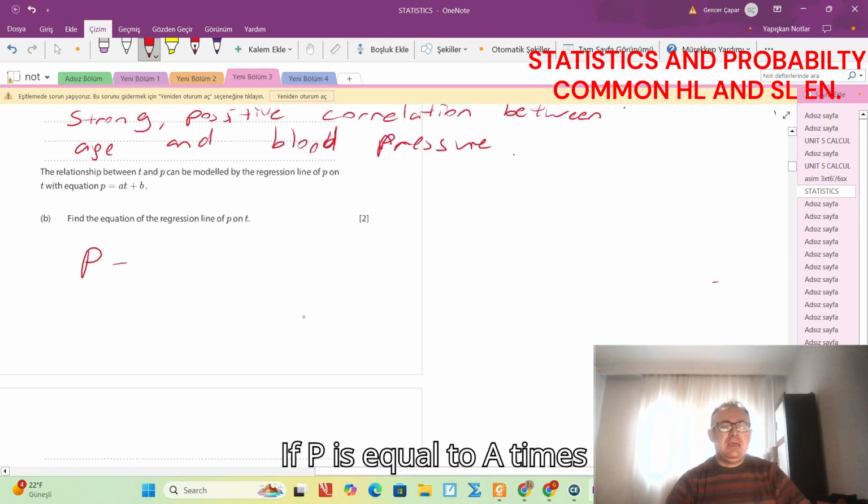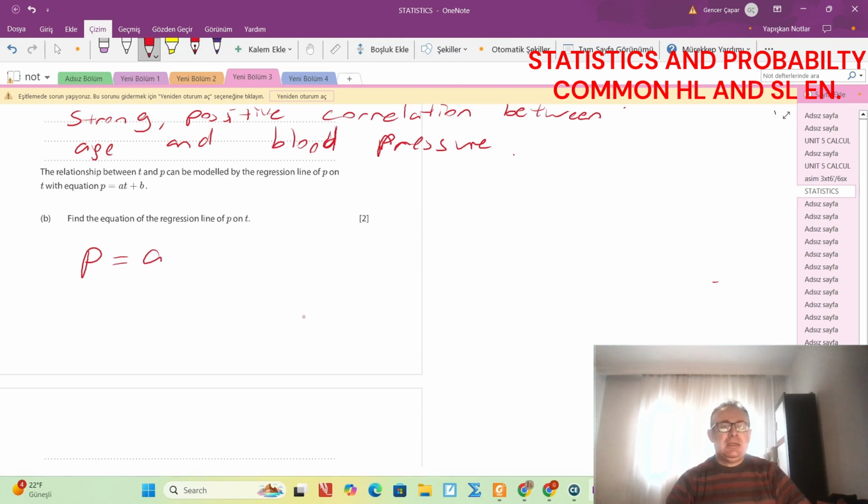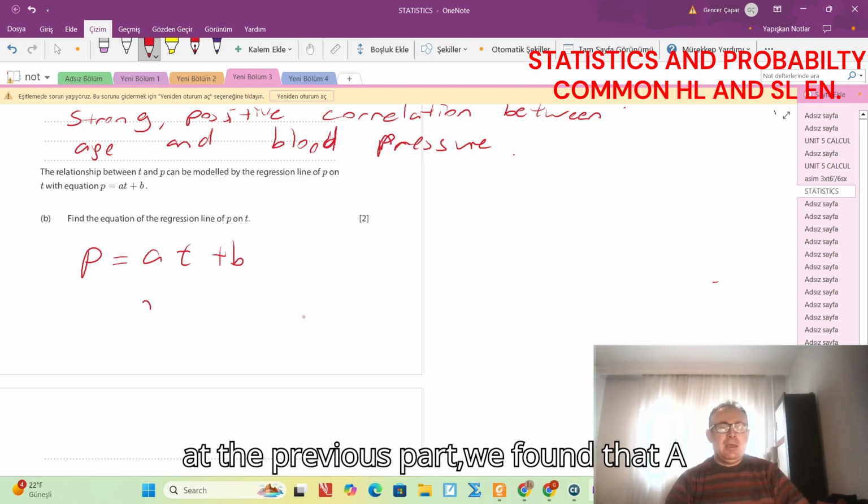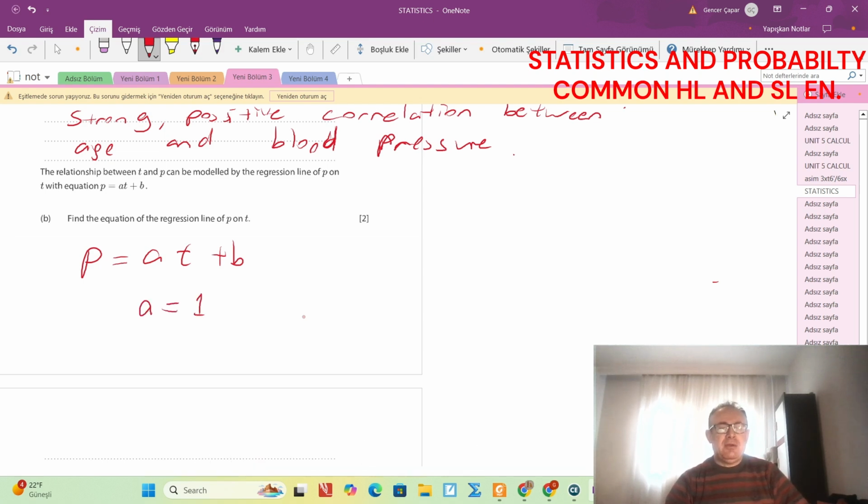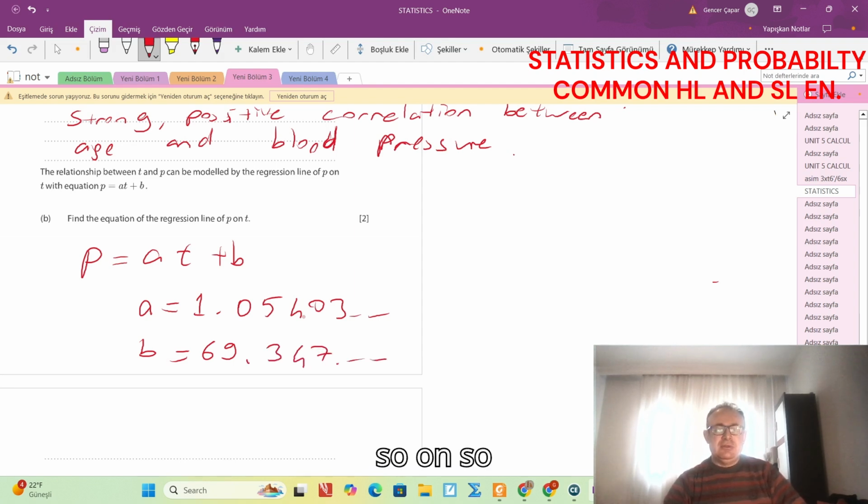In the previous part, we found that a is equal to 1.054 and b is equal to 69.347 and so on. So at the end, a is equal to 1.05 and b is equal to 69.3.